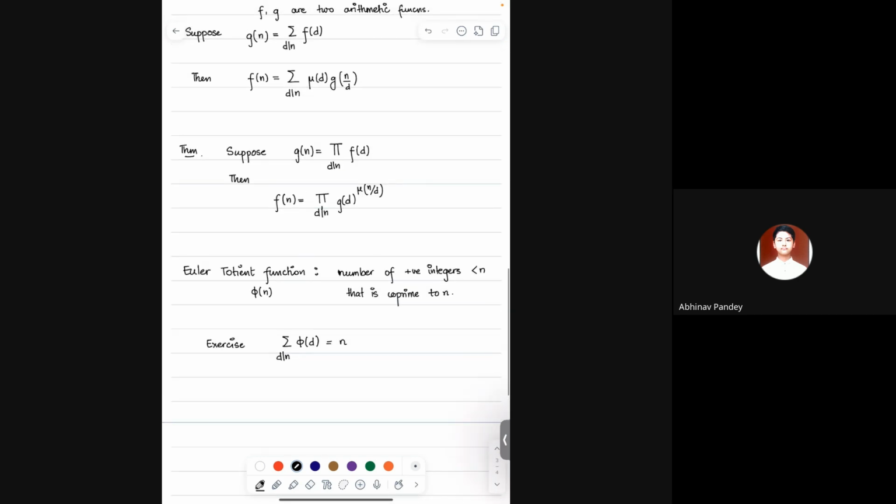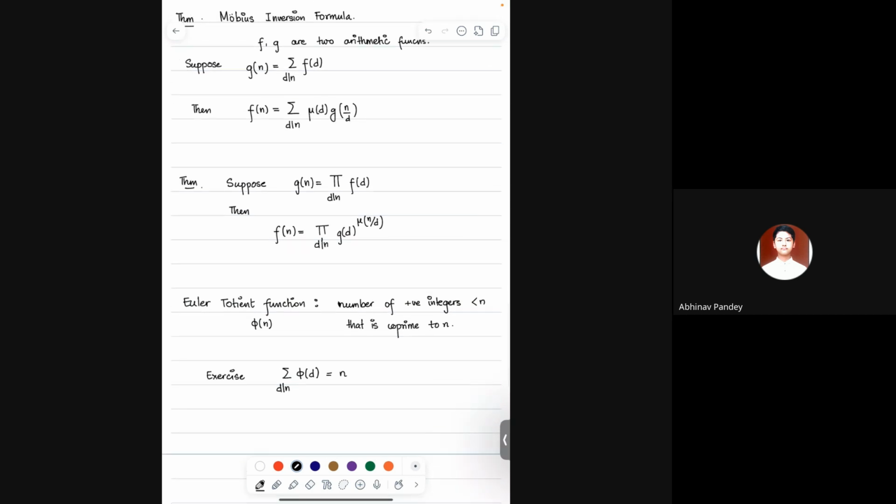So why did I give you this formula? Because I want to relate this to the Mobius inversion formula. So my function here, n, is like the identity function. So g(n) gives you the output n. It takes in whatever integer, spits out the same integer.